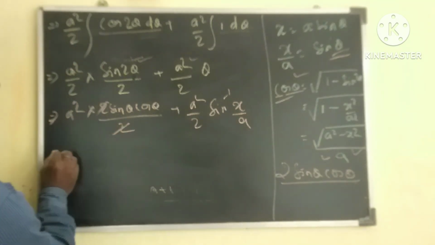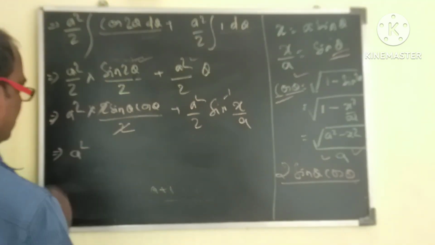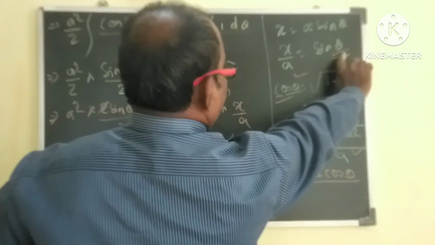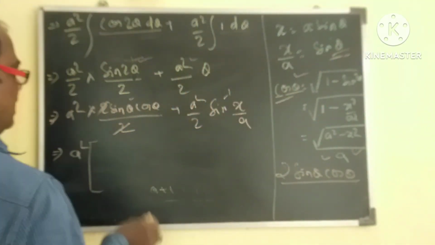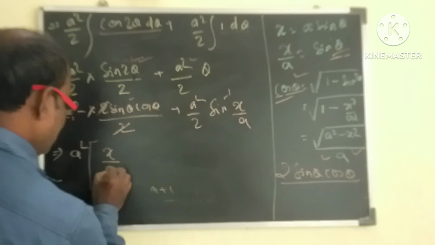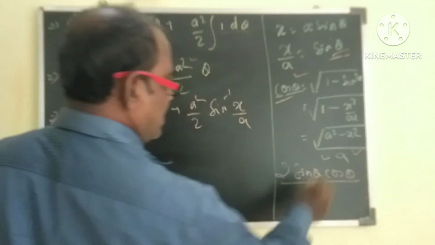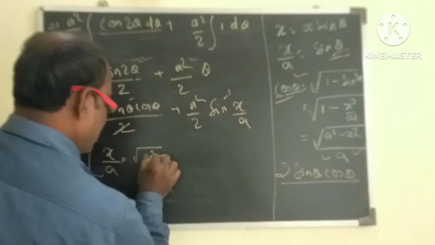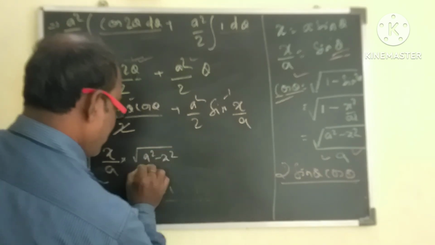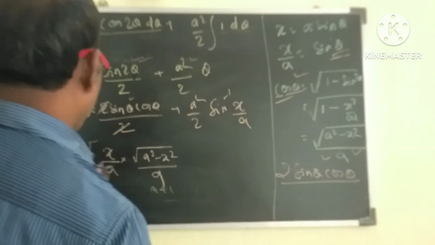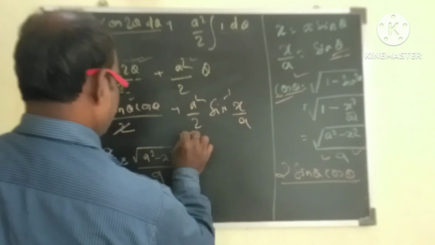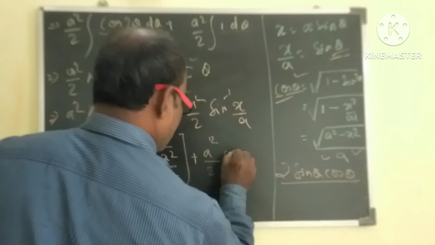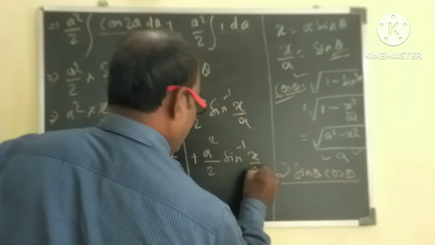So finally, we get here a square, and instead of sin theta we can write here x by a, into cos theta. We can write here root over a square minus x square by a, plus a square by 2 sin inverse x by a.